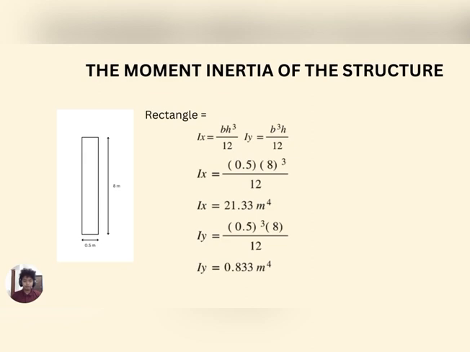To calculate the Ix, 0.5 will multiply with 8 cubed and then divided by 12. It will be equal to 21.33 meter power of 4. For Iy, 0.5 cubed multiplied by 8 and then divided by 12, it will become 0.823 meter power of 4.